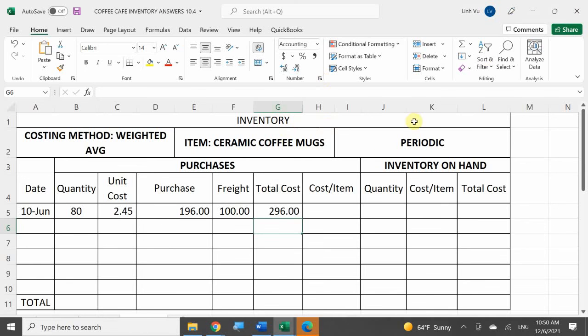However, this is the very first batch, so my assumption is I need to know how much it's going to cost me per item. So my cost per item is going to be my total $296 divided by 80, and that's going to give me a total of $3.70. Okay?